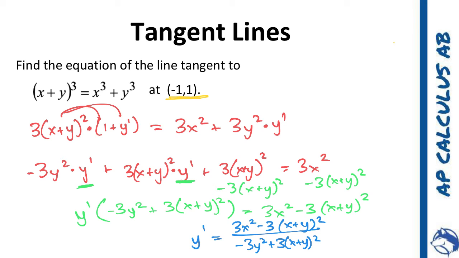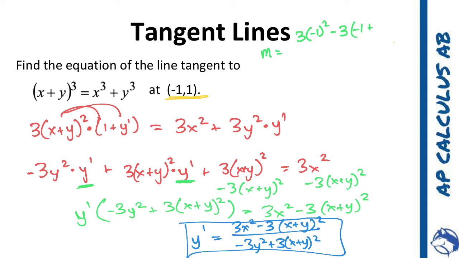Woo! So now they want to know the tangent at (-1, 1). Well, I found this derivative, and that's great, but we want to find the slope at that specific point. So let's just plug in the pieces. So the slope is going to be equal to 3 times negative 1 squared minus 3 times (-1 + 1)², all over negative 3 times 1 squared plus 3 times (-1 + 1)².